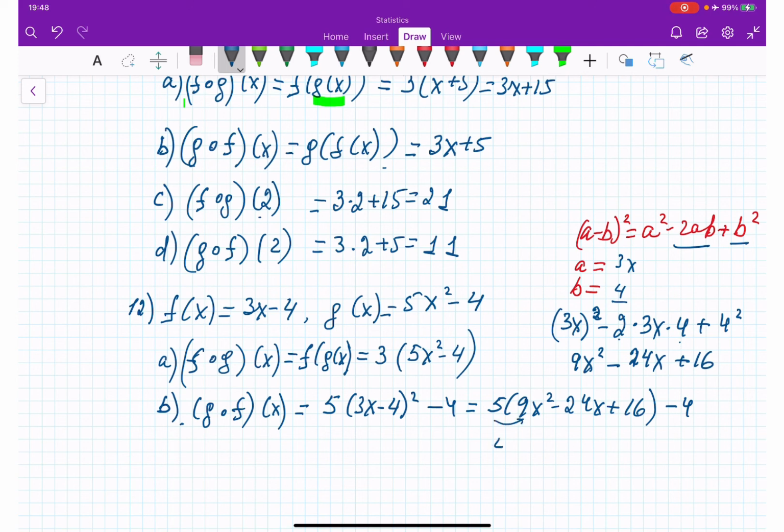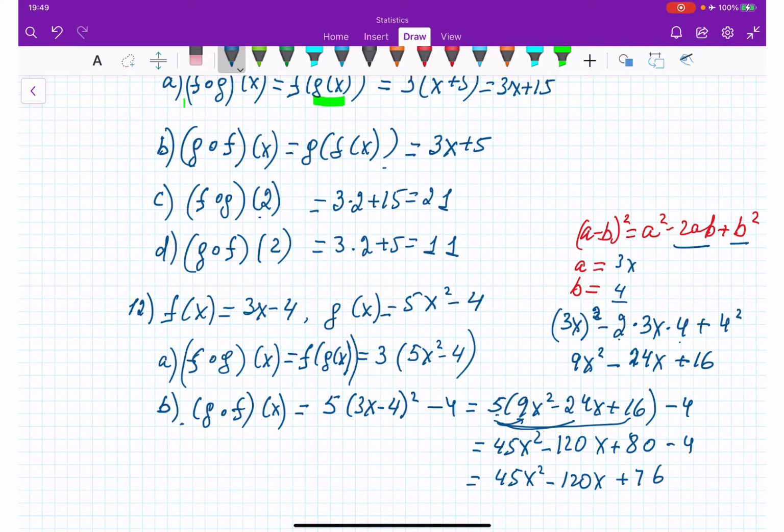This is going to be 45x squared, 5 times 24 is 120x, and then plus 5 times 16 is 80, minus 4. So the result is going to be 45x squared minus 120x plus 76. That's the result.